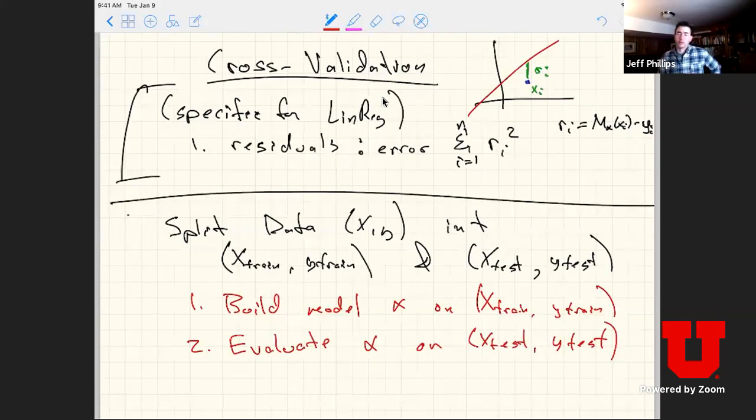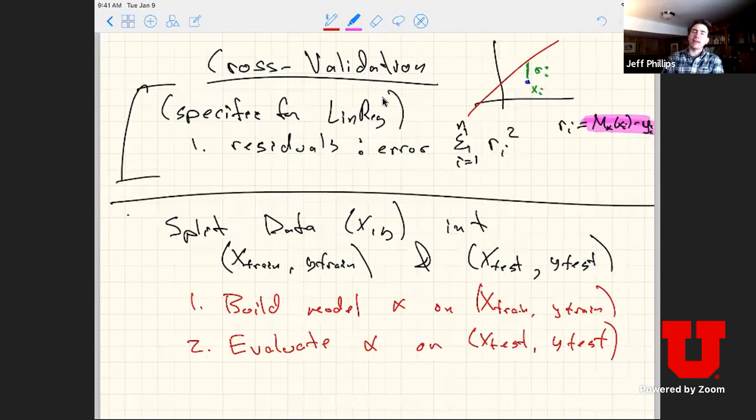Okay? So it doesn't matter if you subtract y hat from yi instead of subtracting yi from y hat. The book has it both ways, which is confusing. So here I have this residual as the model minus the observed data.